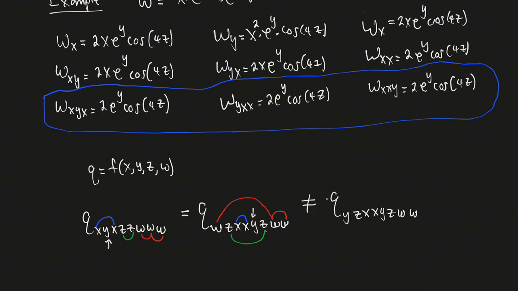So it could work out. For instance, if your q is a polynomial and you differentiate it enough times and you get 0, then you could end up with a situation where they're equal even though the number of times you differentiated with respect to each variable is different. But in general, we can't say that these two will always be equal. Under continuity, these two will always be equal.